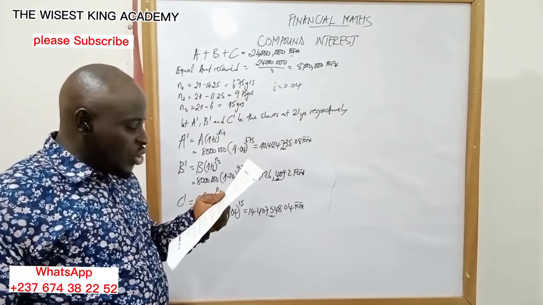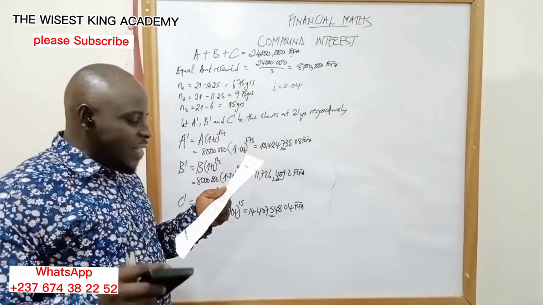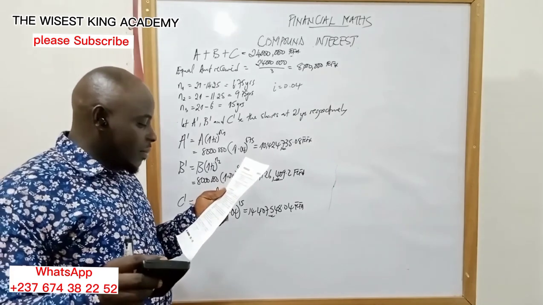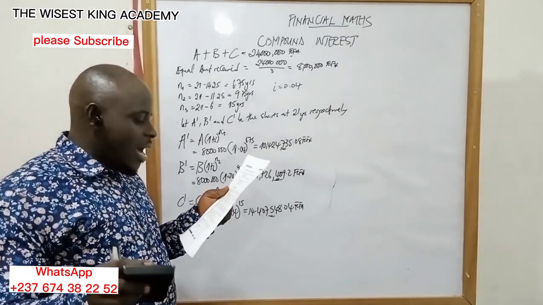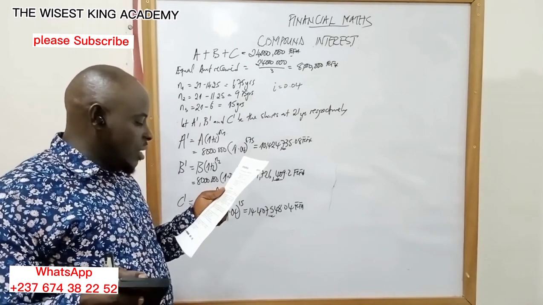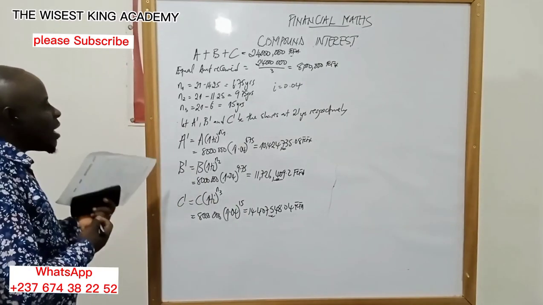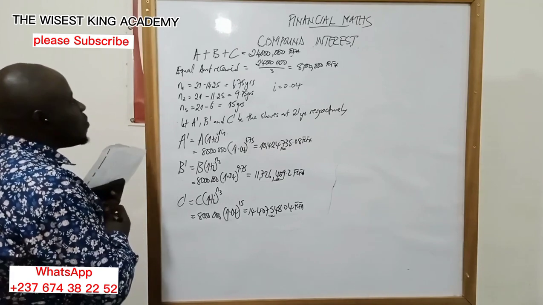Assuming that the sharing is done so that each child receives the same amount when he is 21 years old, after investing at the rate of 4%, share the capital amongst the 3 children today. Now, look at this. That's the B part.